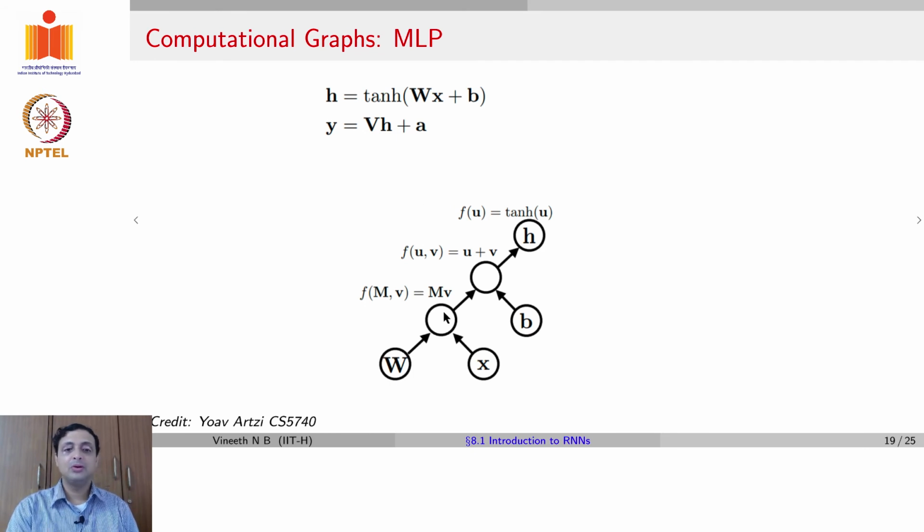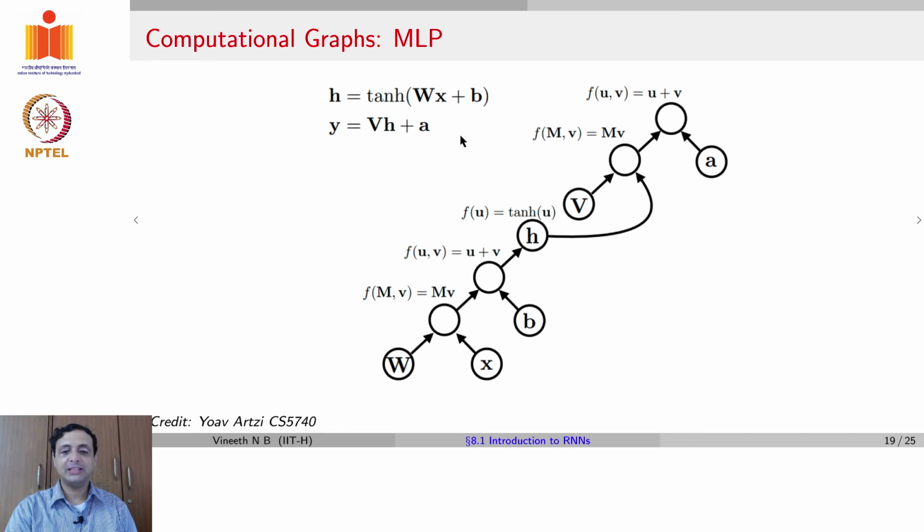If this was a mathematical representation of a feed-forward neural network, your corresponding computational graph would look like this: your first inputs are W and x. Based on that, you get a certain output here, and then you combine that with plus b, and you then get a certain output, and then finally you take that and apply tanh and get your tanh of u. So this first step here can be represented as a computational graph that is a sequence that takes W, x and b as inputs and outputs h.